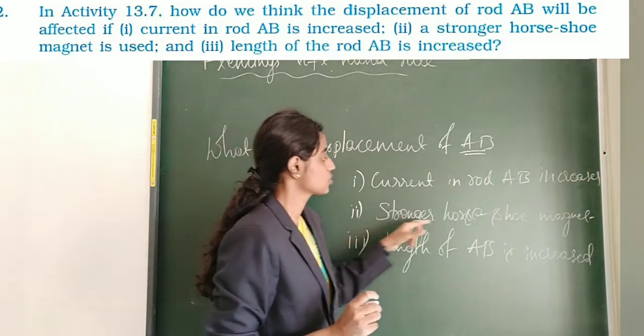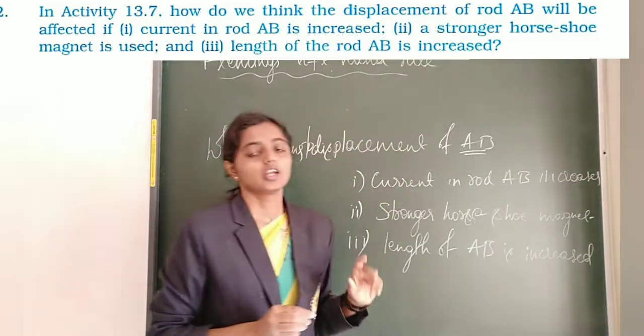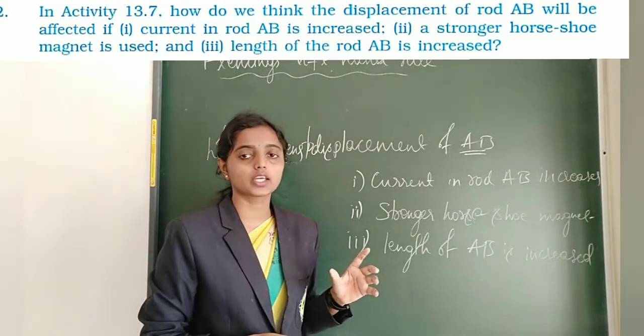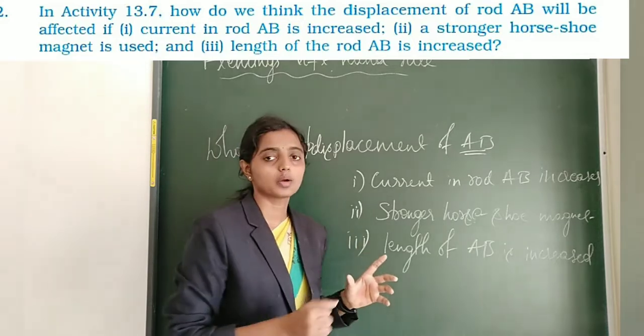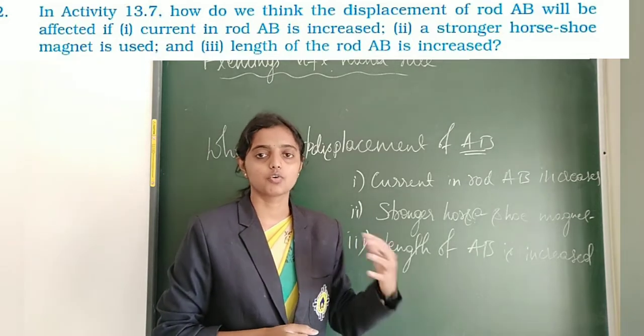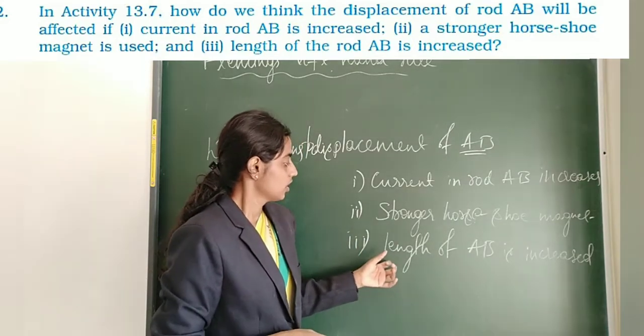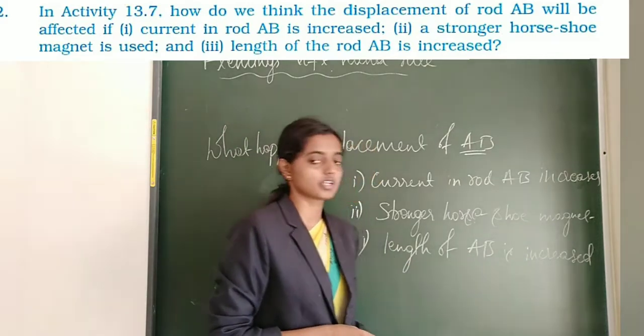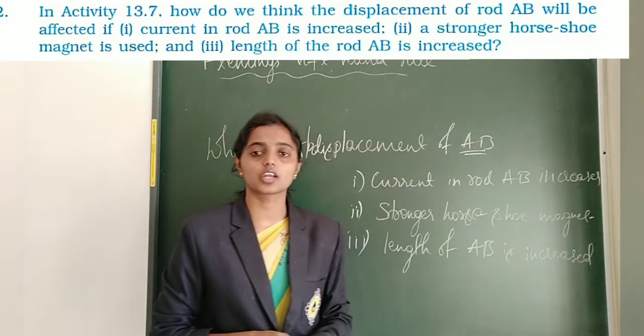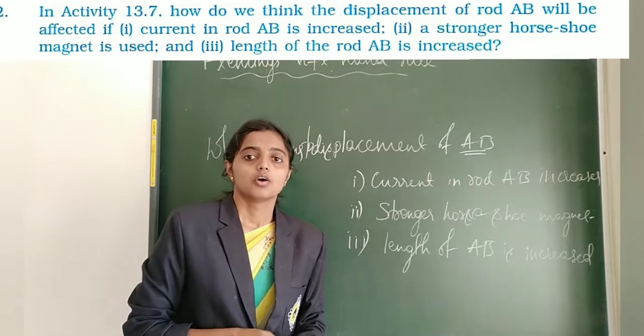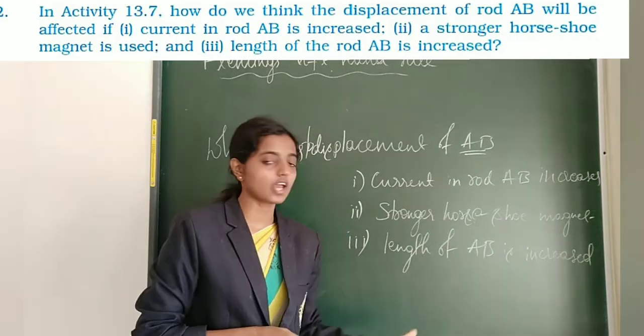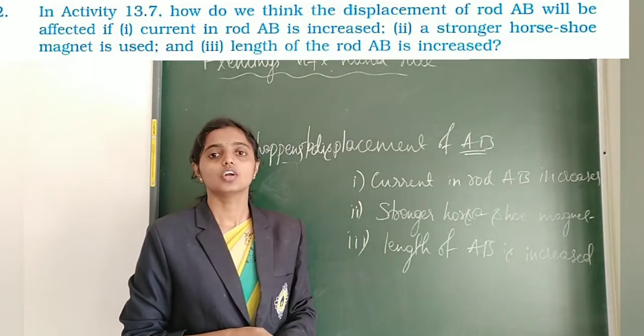Next, a stronger horseshoe magnet. If we keep a stronger horseshoe magnet, then we will get a stronger magnetic field, and hence force will also increase. And the length of AB is increased. If the length of the rod is increased, then the deflection of the rod will also increase.